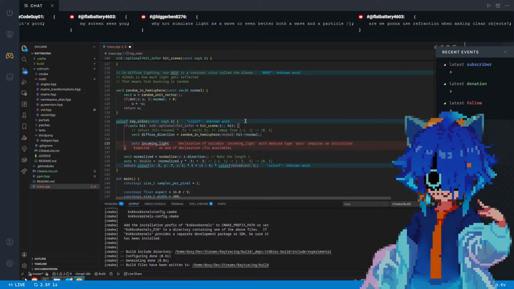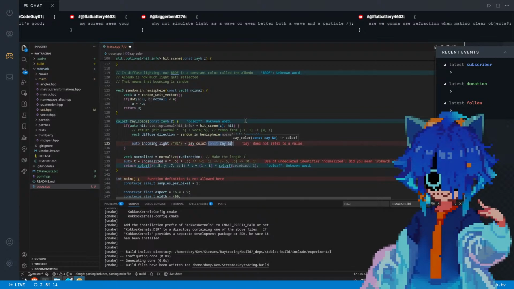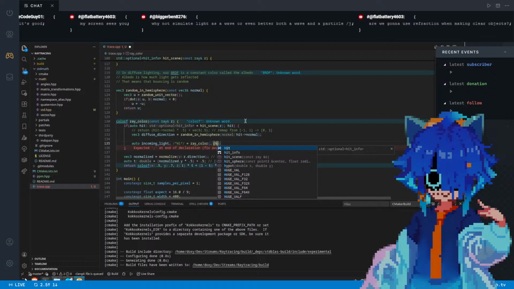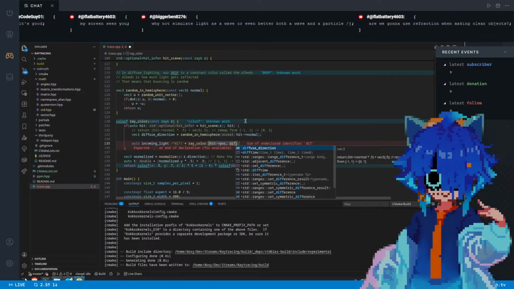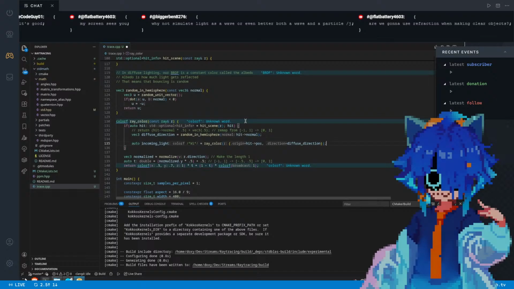So this is our omega I, which is going to be equal to just shooting another ray. So ray color, and our ray is going to be our hit position, and our direction is going to be the diffuse direction. So we're going to shoot another ray from wherever we hit in the random direction in the hemisphere we just decided. And whatever color we find in that direction is going to be our incoming light.